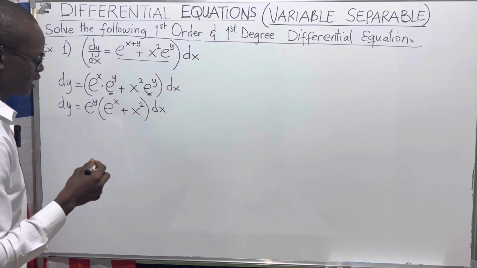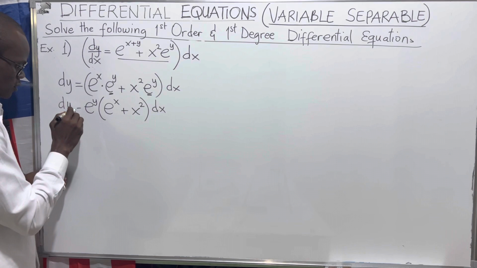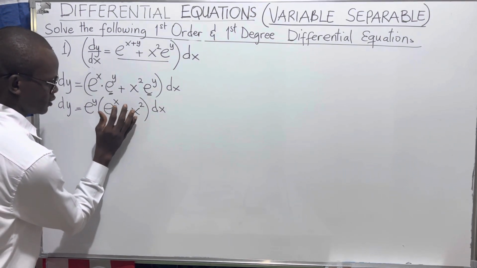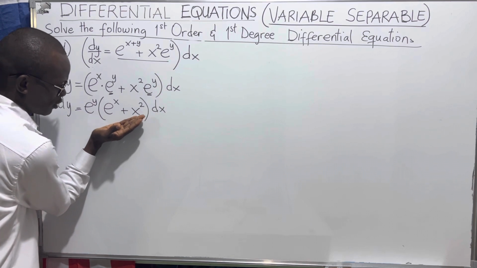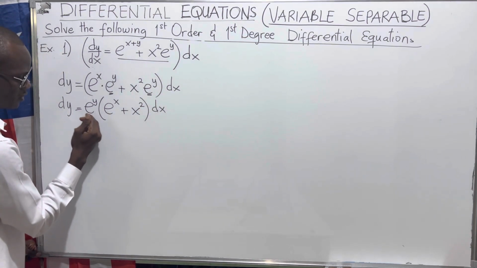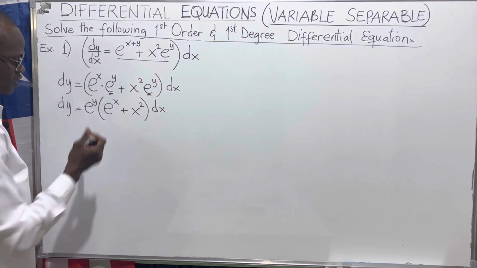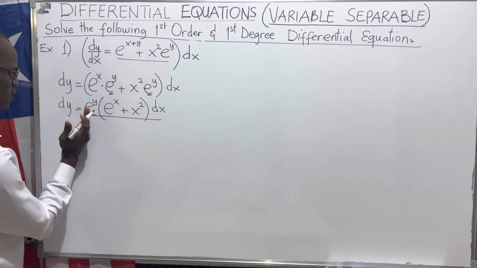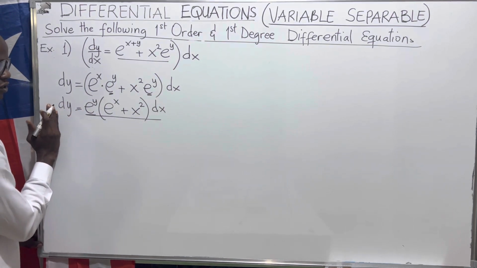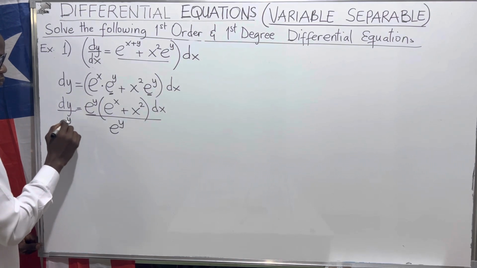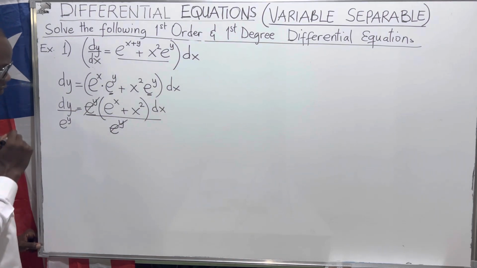Now since we wish to separate the variables, in this entire factor all of the variables should be x, and in this factor the variable should be y. Since the variable here is only y, we can send this e raised to the power y to this side of the equation, thereby dividing both sides by e raised to the power y. So e raised to the power y will cancel.